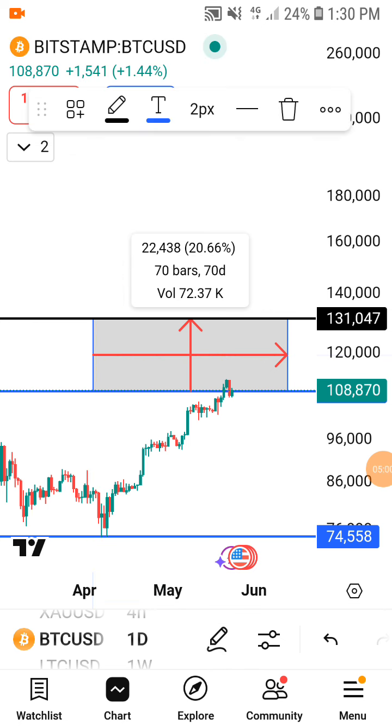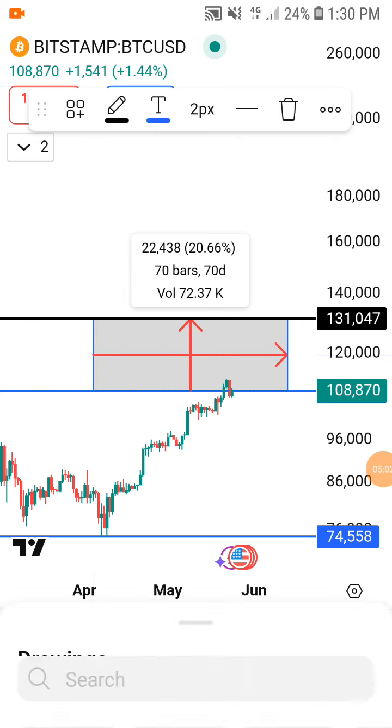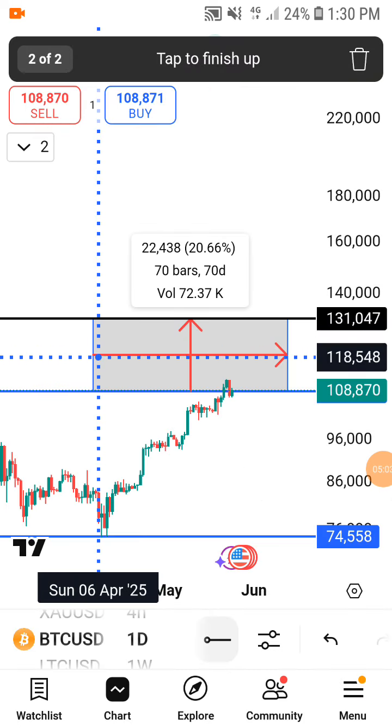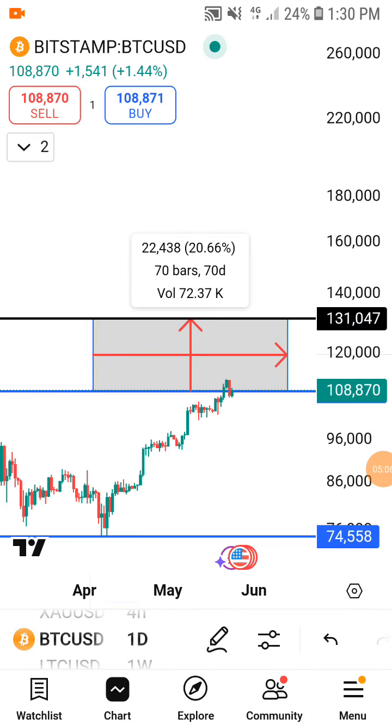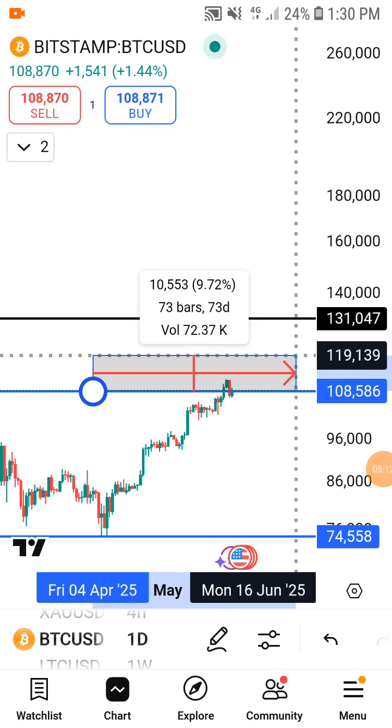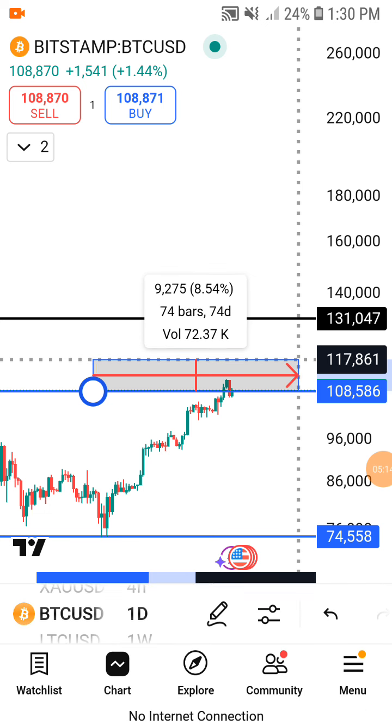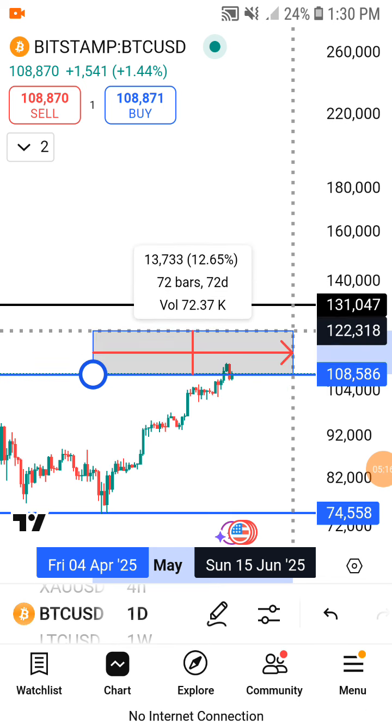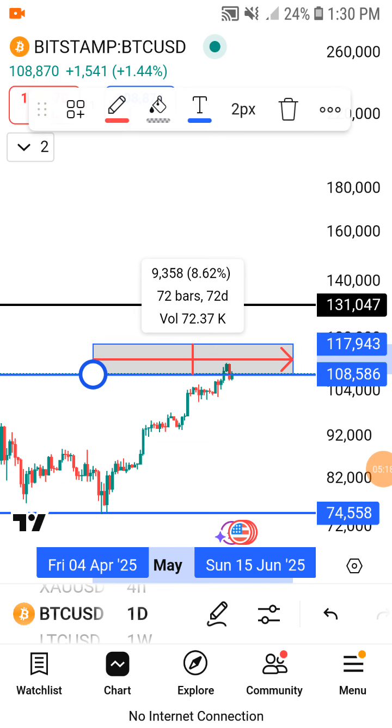This is half of the previous distance. Now, if I move this line down here, this is my retracement or validator.